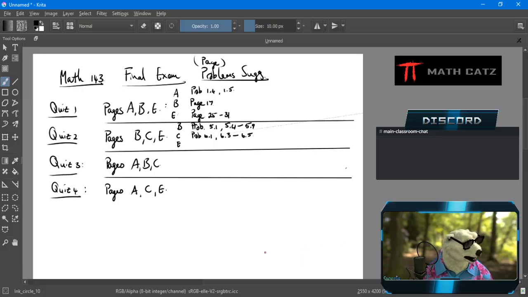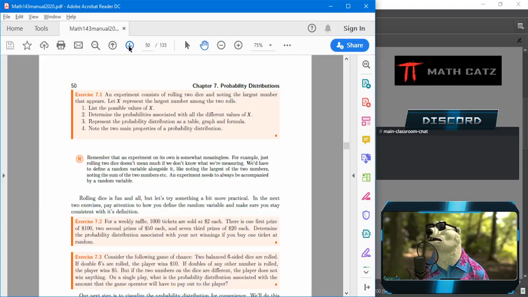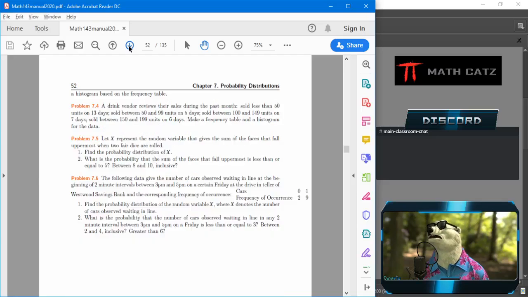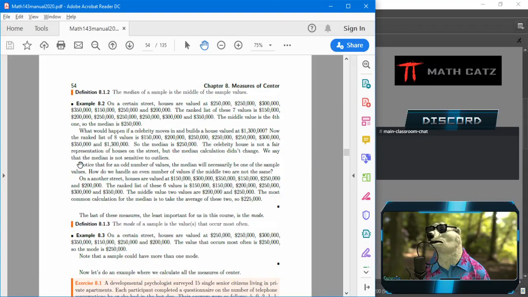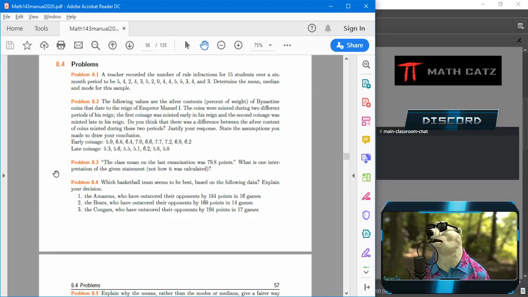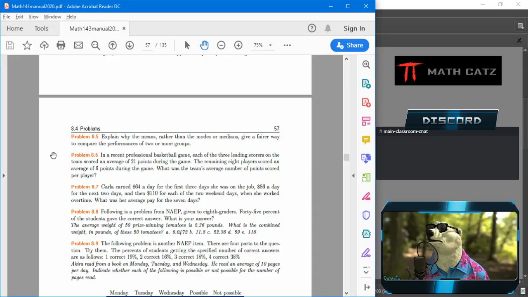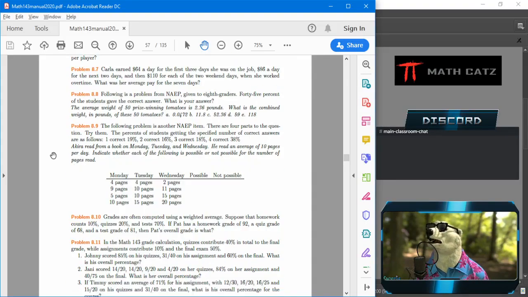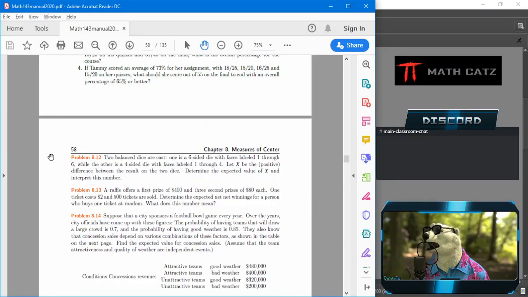And then we have weighted average, mean, median, mode. Measures of center, yes. Looking for the problems here. Honestly, I think all of these. Well, no, not all of them. No, not the random variable expected value, right?